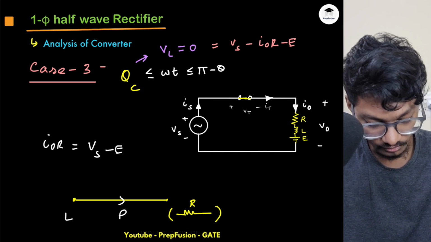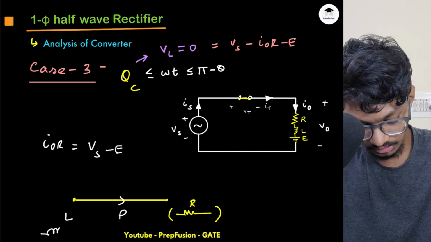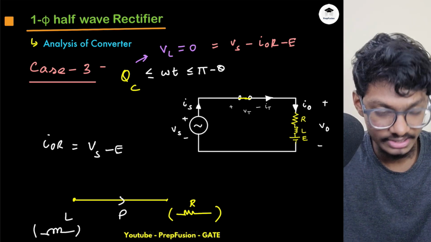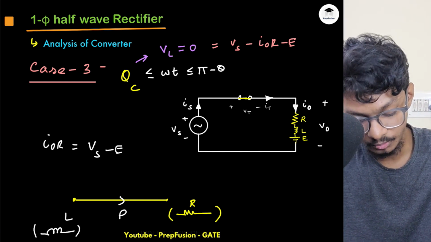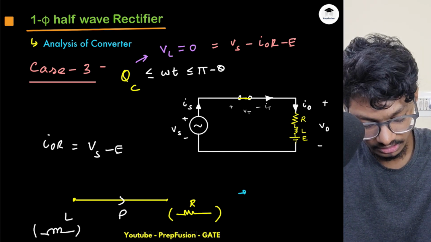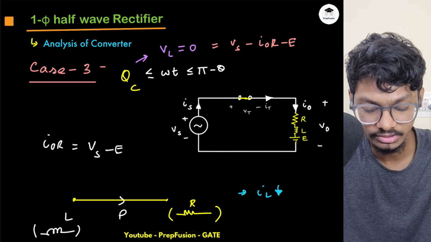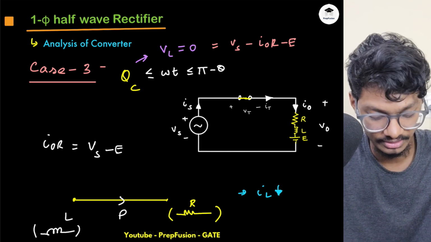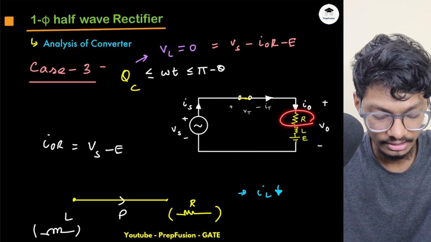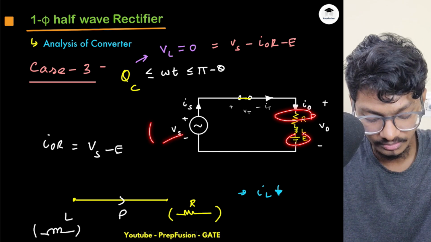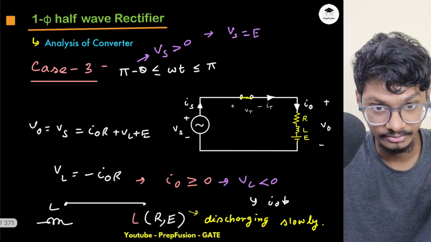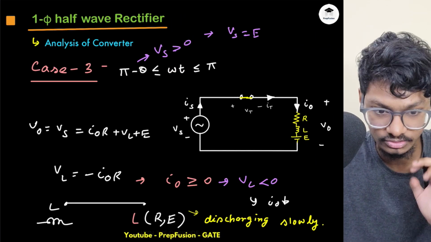So the inductor has to supply to the resistor now. That means it is discharging now. From this theta c only, the IL will keep on reducing, because the inductor will start to supply. It will first supply the R, then the RE, then finally the Vs. So there will be these types of cases. This is very interesting to know, please do keep this in mind.